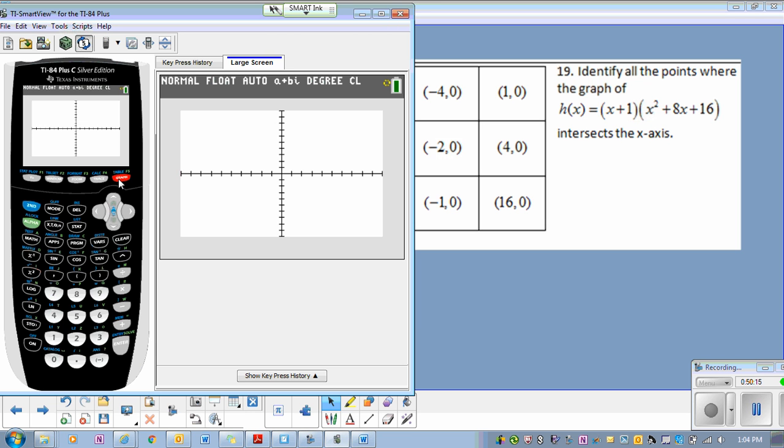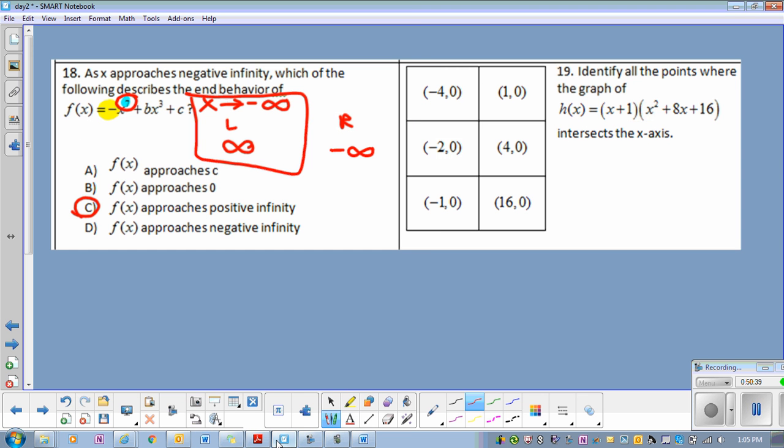You know that -1 is definitely a solution. That's the first one. So -1, absolutely. What else? -4. And really, how many solutions do you have at -4? Two. This is a double root because it bounces off. It doesn't cross through. That means that -4 is twice. So -1 and -4.